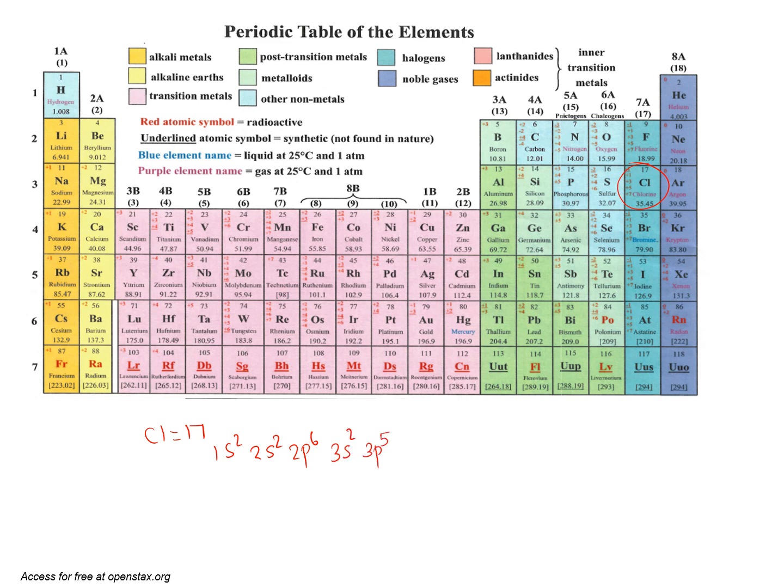Now again, remember this has to be written in increasing order of energy, according to the Aufbau principle. 1s is the lowest, then the 2s, then the 2p, then the 3s, then 3p, then 4s, 3d, 4p, and so on. These arrows guide you to write down the electronic configuration in increasing energy levels. So 1s, then 2s, then 2p, then 3s, 3p, 4s, and then 3d, 4p, 5s, and so on.